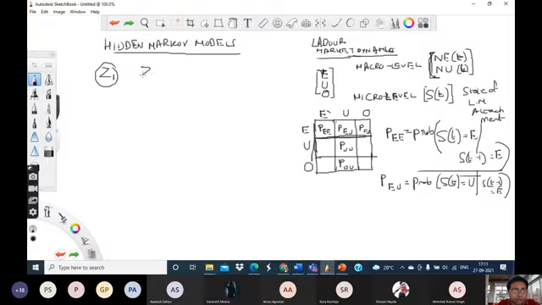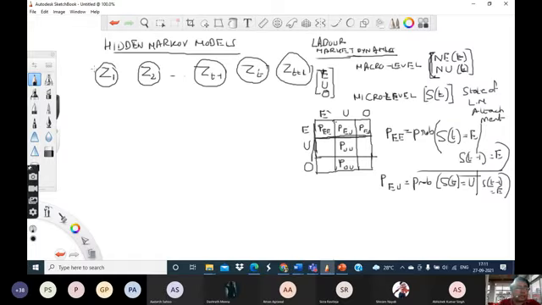Then at time 2 the hidden variable takes another value z2, all the way to any point t, where it takes a value zt minus 1, then zt, then zt plus 1, etc. So these are basically the hidden state variables.